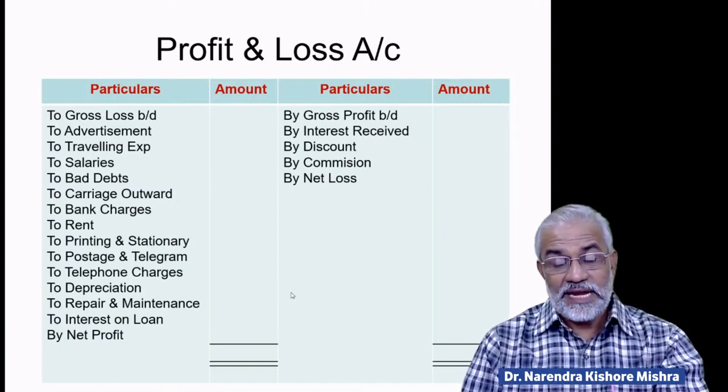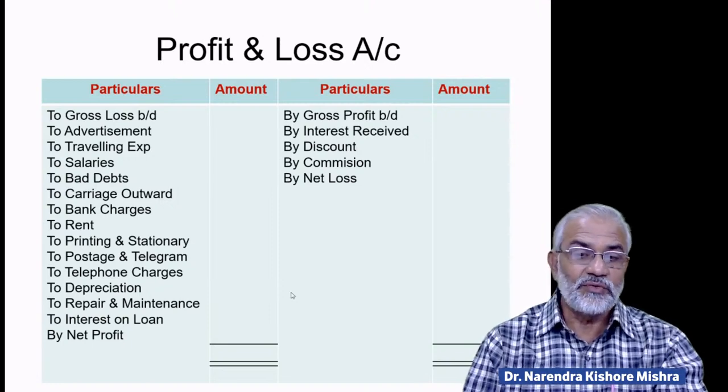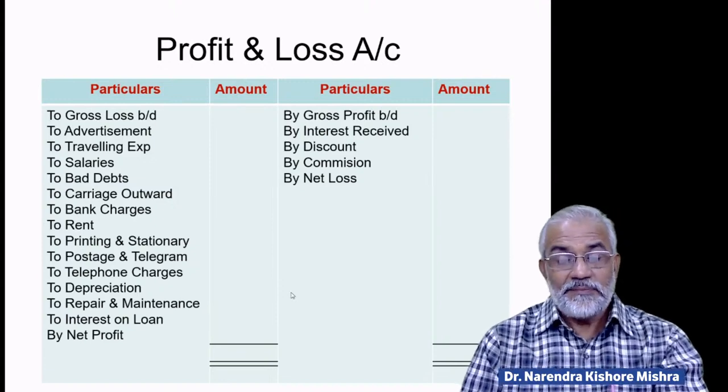And thereafter, the balancing of the profit and loss account has to be made. If the balancing figure appears on the debit side of the profit and loss account, then obviously it is net profit, because the revenue or the incomes are more than the expenses. That's why it gives rise to the net profit. The reverse may happen.